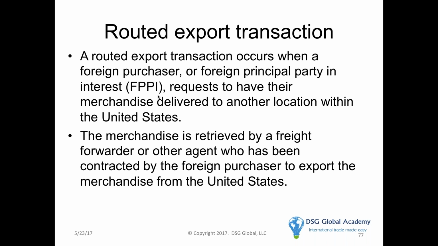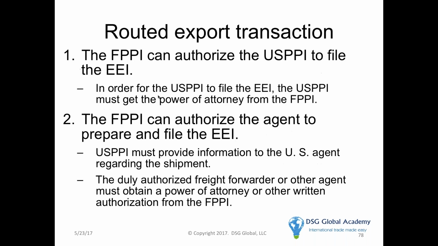But if a foreign company buys the goods from the US and requests to have the merchandise delivered to another US location, and the agent from that location then exports the goods overseas, this is known as a routed export, and the government allows both the US PPI or even the foreign party's agent to file the EEI.